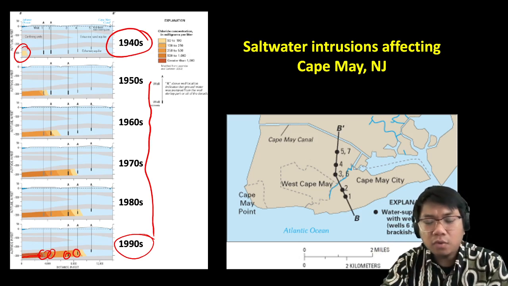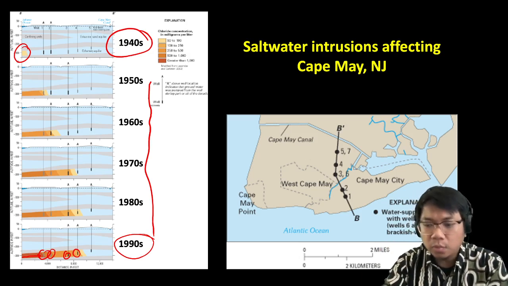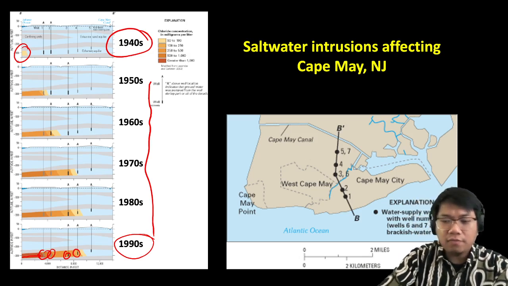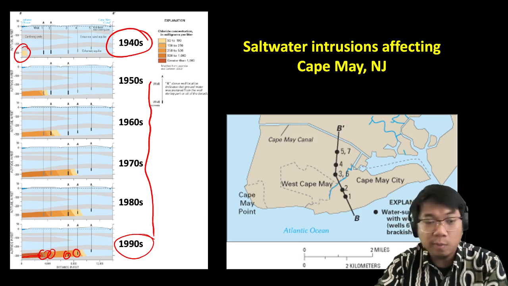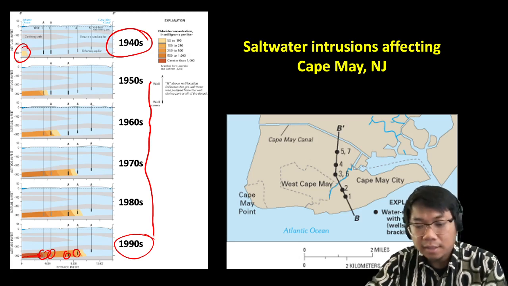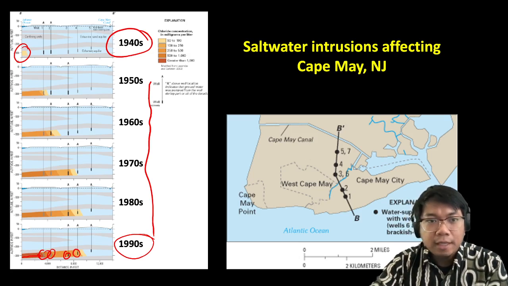So again, once these wells are pumping salt water out of the ground, they will just keep pumping salt water to the surface. Therefore, there's no other way except to abandon these wells and maybe create new wells.